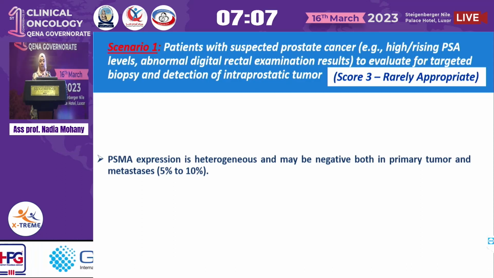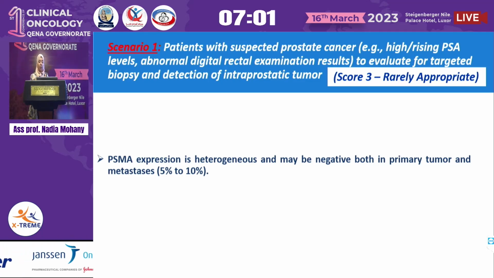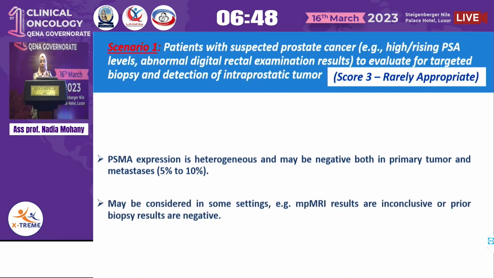As we mentioned previously, PSMA is expressed in greater than 90% of prostate cancer. However, a small percent, 5 to 10% of tumors, do not express PSMA. However, it may be considered in some settings when multiparametric MRI results are inconclusive or prior biopsy results are negative.